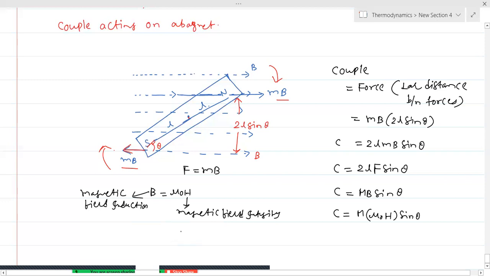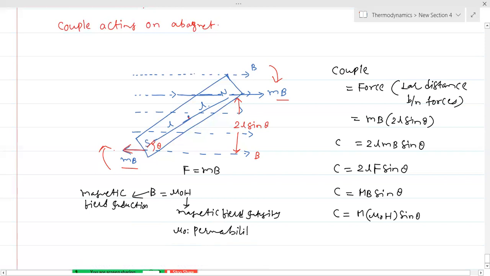So B is magnetic field induction and H is magnetic field intensity. And mu naught is called the permeability of free space.